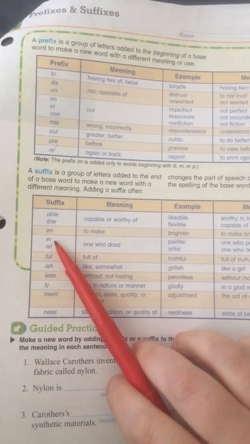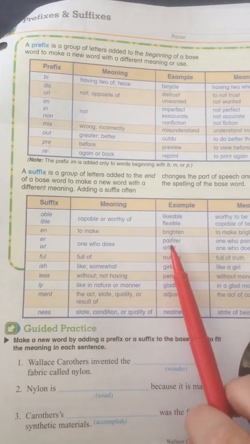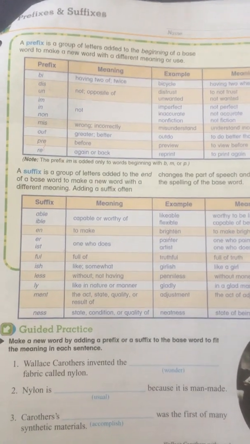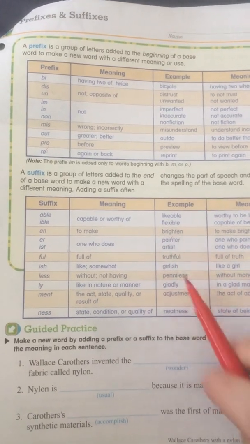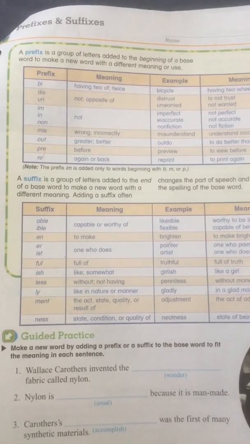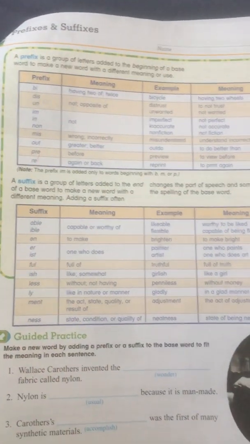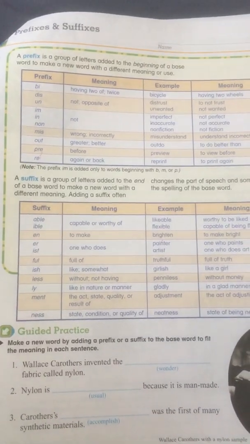This one is a common one, er and ist, one who does something. So you have painter, artist, teacher, writer. All of those things, you're adding the suffix to the action that they're doing, and it's someone who does that thing. So when you add letters to the ends or the beginnings of those words, it changes the actual meaning.